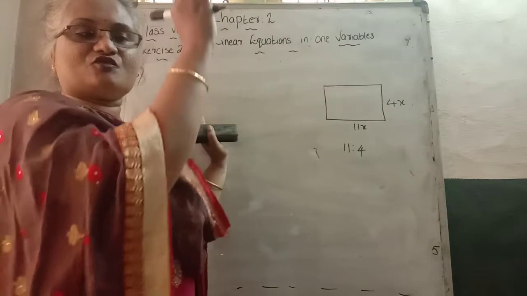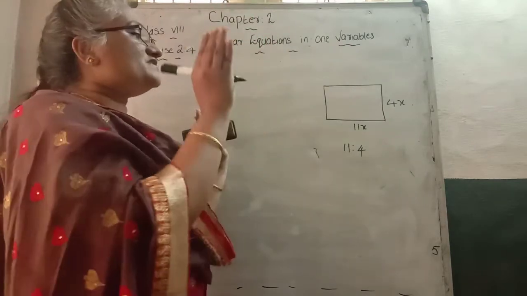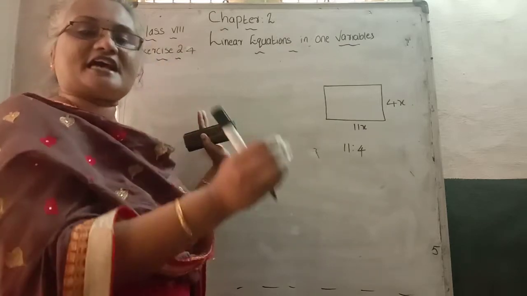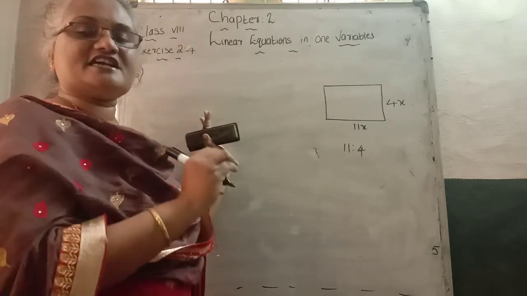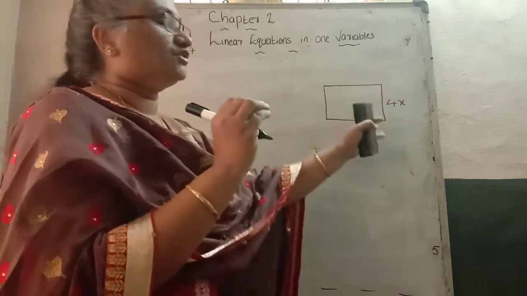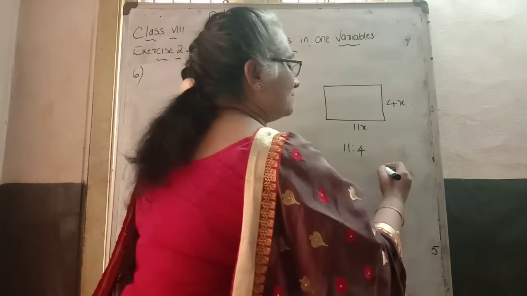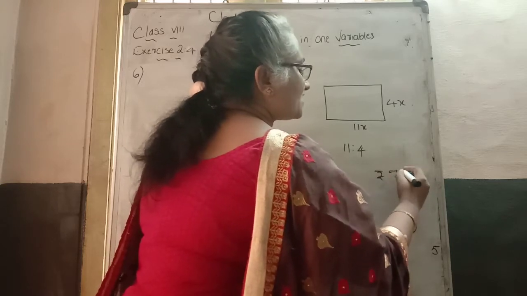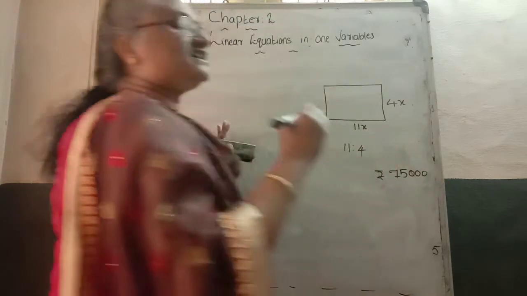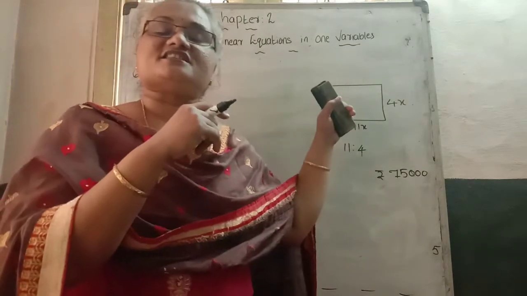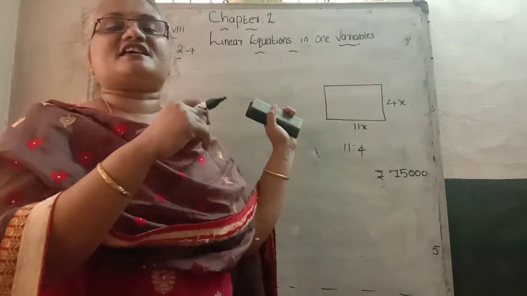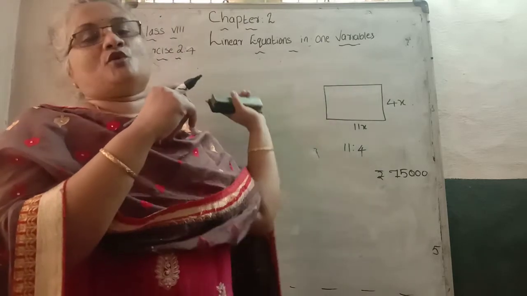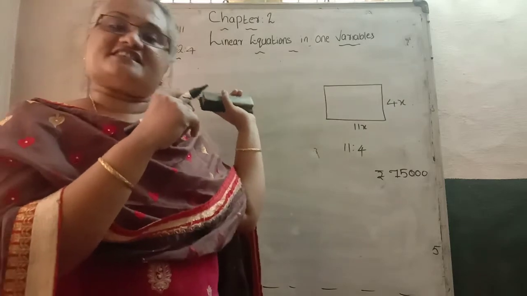The Grama Panchayat allowed the villagers to do the fencing, and they gave some amount: 75,000 rupees for making this fencing. The question asks: what is the original length and breadth of this plot? That is the meaning of the sixth question.